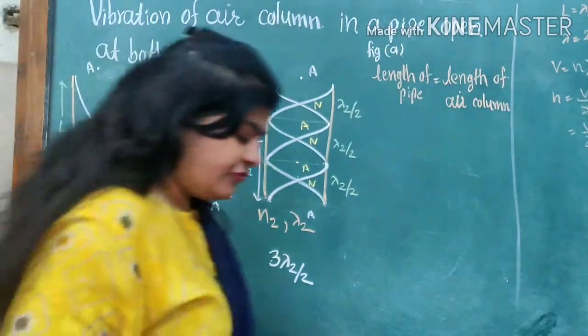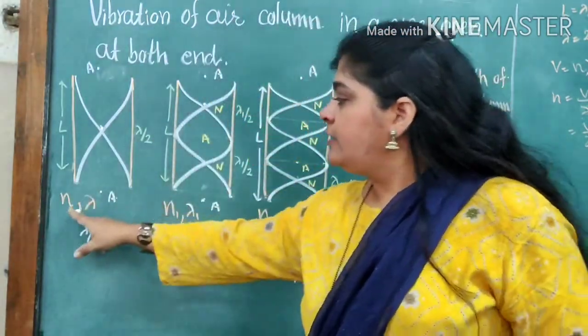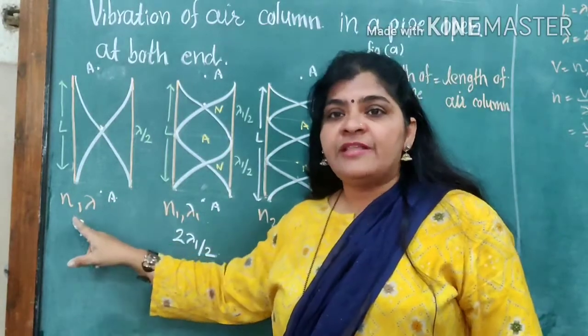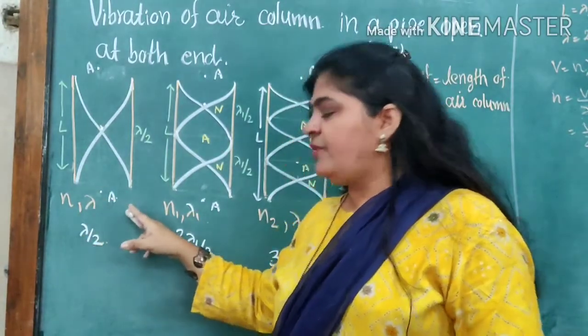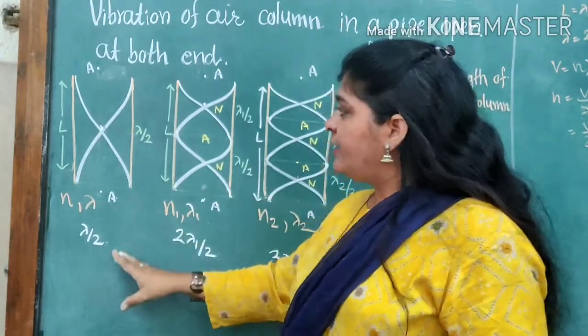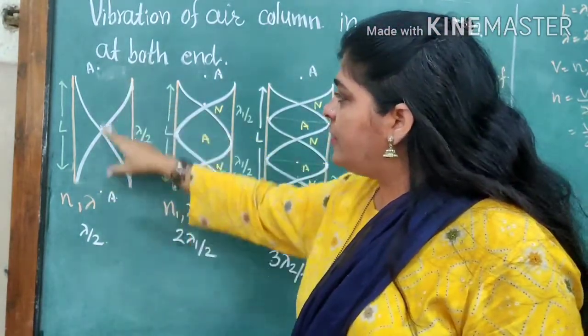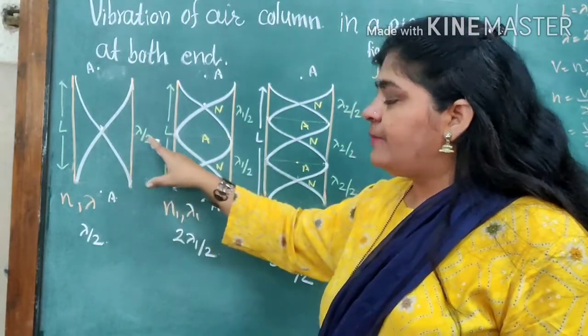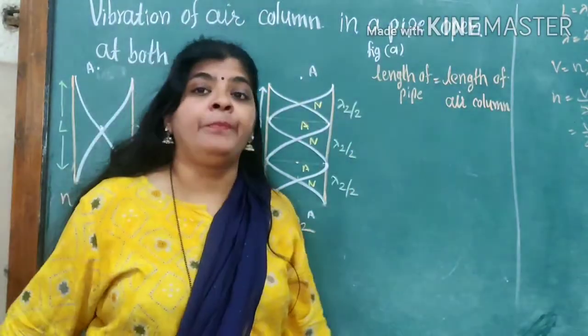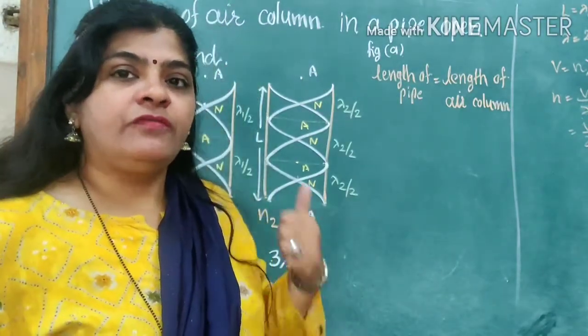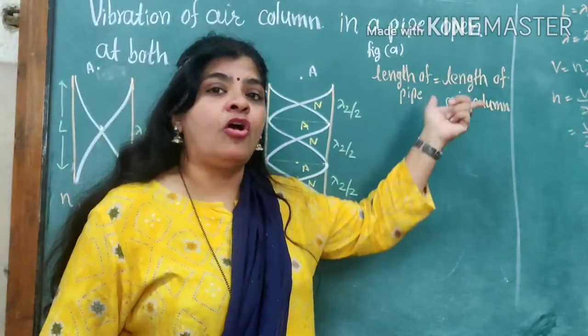Now how to write the description of it? First, in the first mode of vibration, n and lambda are the frequency and wavelength of the wave. After that, write that the distance of the air column is lambda by 2. Next, write the formula: the length of the pipe is equal to the length of the air column.